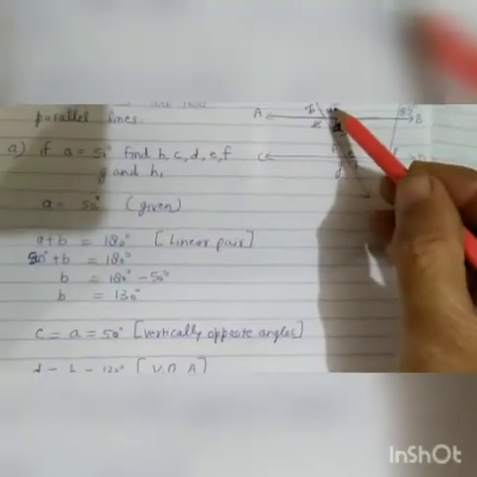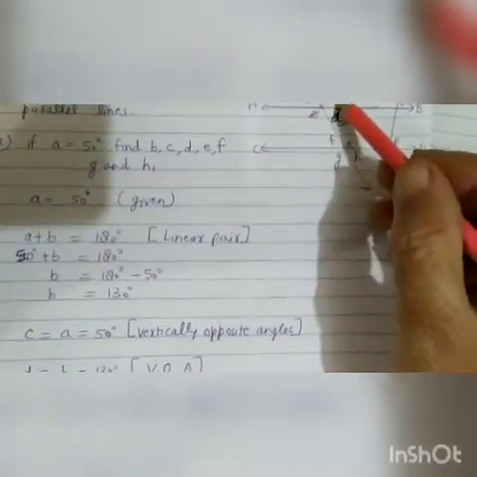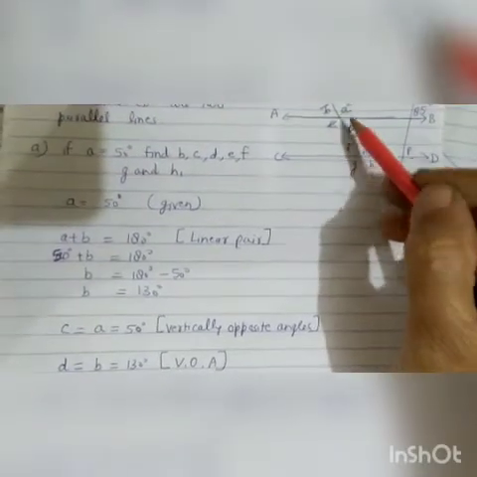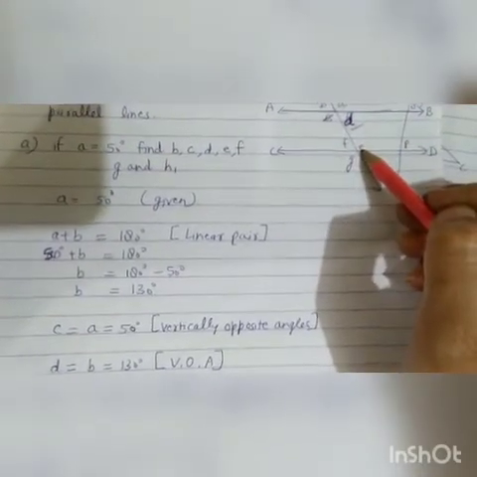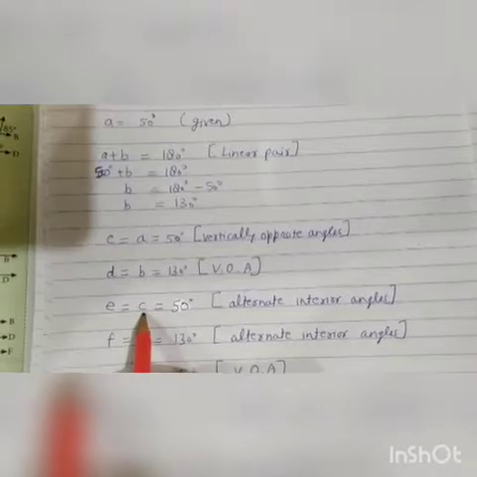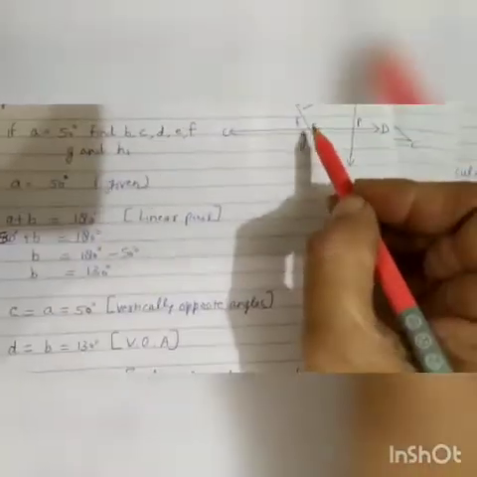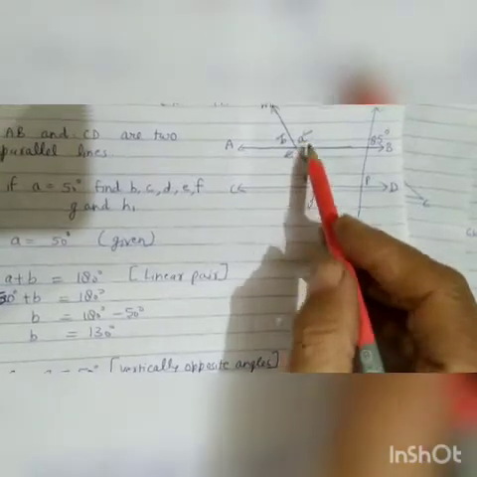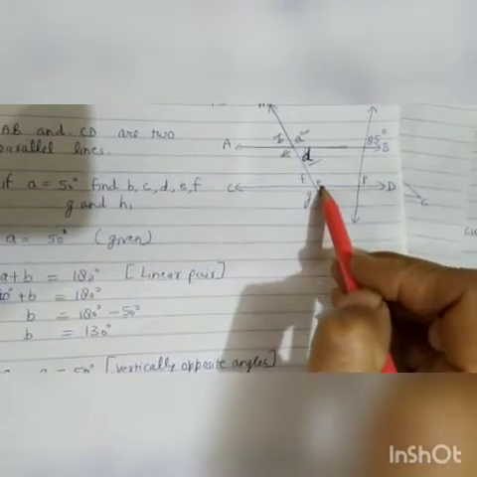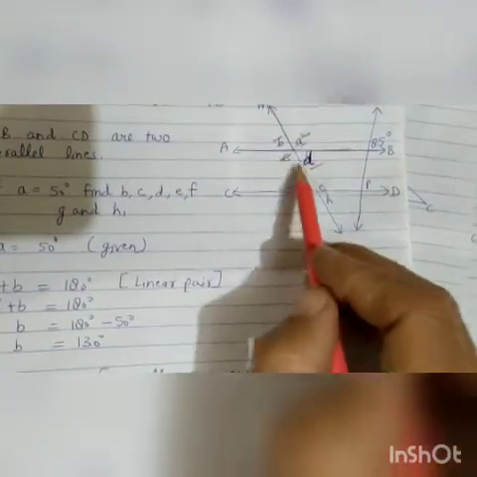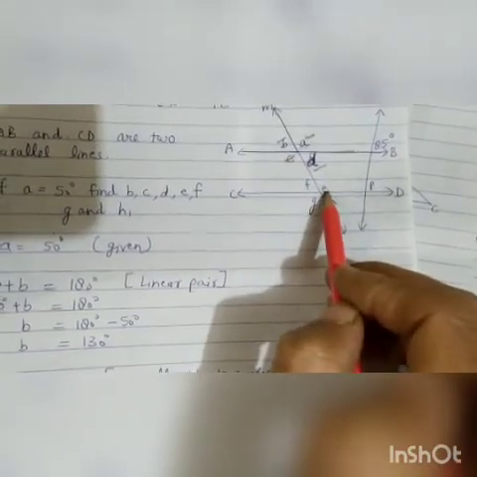Now, sorry, A and E. A and E are which type of angles? They are corresponding angles and they are also equal. We can find E from A because they are corresponding angles, and we can find E from C also because they are alternate interior angles.